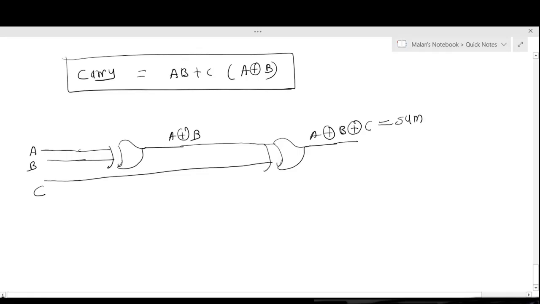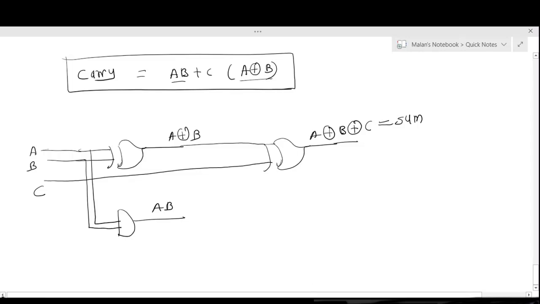Now I want to implement the carry. Carry is equal to AB plus C times A XOR B. For AB, I will use an AND gate and give it the inputs A and B, with A as the first input and B as the second. Now AB is given.